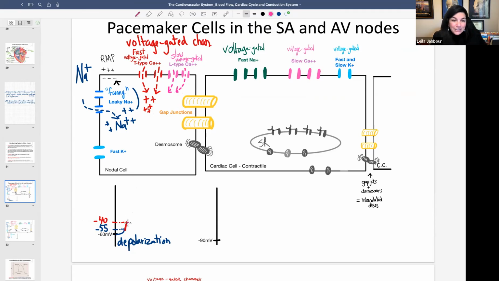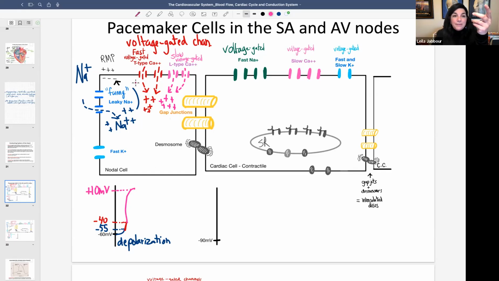At -40, we have these channels that open up and bring so many calcium ions that we have this huge depolarization of the membrane. So many plus charges, right? And it actually goes all the way up to plus 10 millivolts. Wow. So we literally reverse the polarity at the membrane.